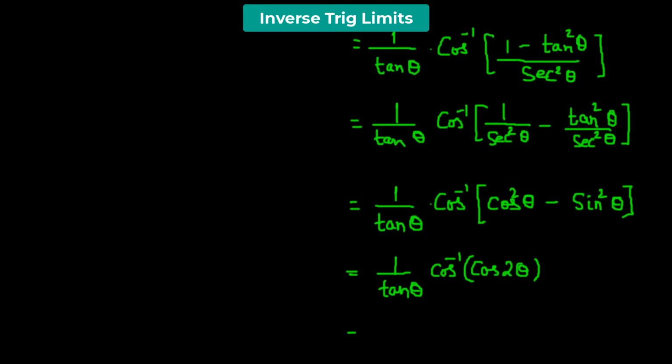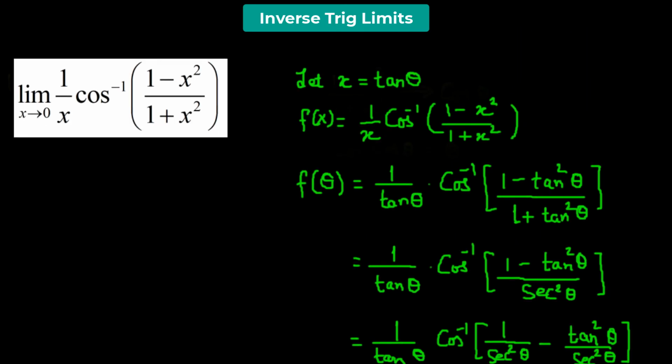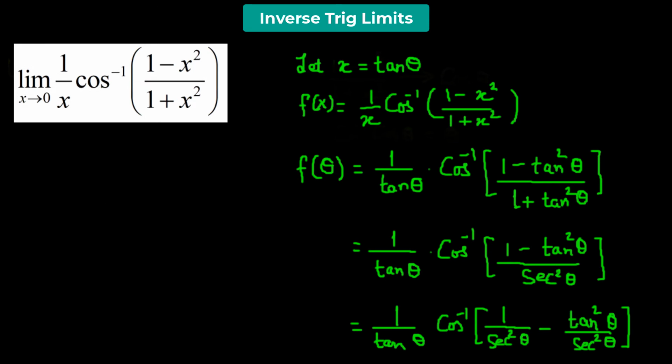That means now we have 1 over tangent of theta times cosine inverse of cos 2 theta, which is going to give us 2 theta. So now our function is in terms of theta. So let's write it down here. We have f of theta is equal to 2 times theta over tangent of theta.